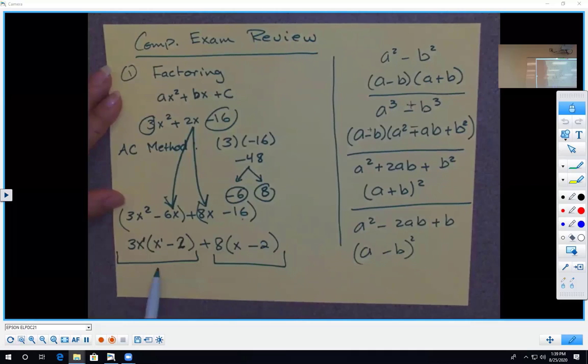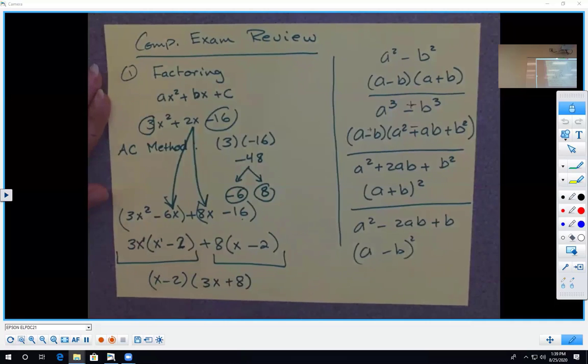Between these two terms, I got x minus 2 as a common factor. I will pull it outside, or factor it. You can start with the x minus 2, or it could be in the second spot, doesn't matter. It's a product. And 3x is left from the first big term, and 8 left from the second big term.